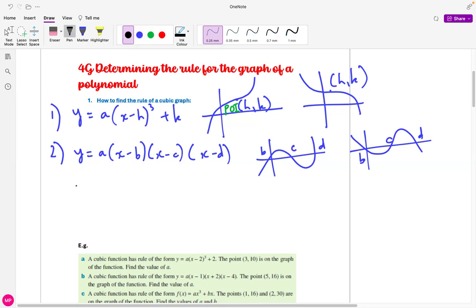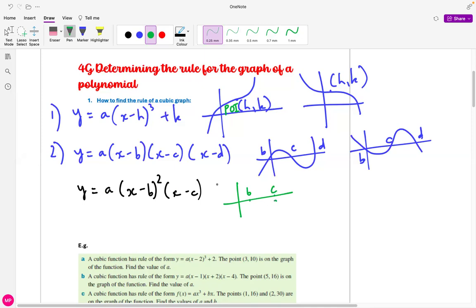Now, a factorized form also comes with this one, when you have (x minus b) and the whole thing squared, like that, times (x minus c). When you see the square, this is where you're going to form a parabola at b. So think about I have b here, c here.